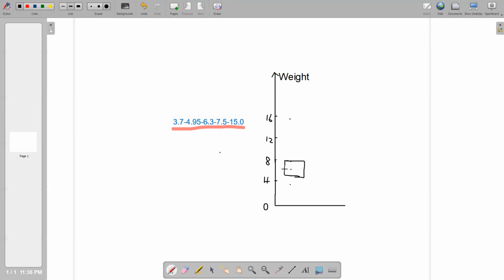Across the box where the median is, you draw a line. Then on top of the box, you draw up to the maximum. This is not a straight line, sorry about that. And from the bottom of the box, draw down to the minimum. This is an ugly box plot, but just for demonstration purposes. Okay, so drawing a box plot is pretty easy.